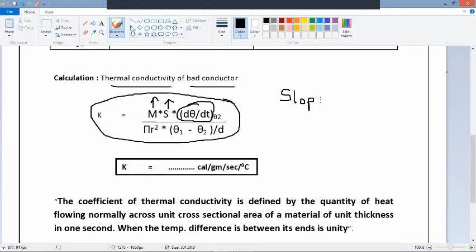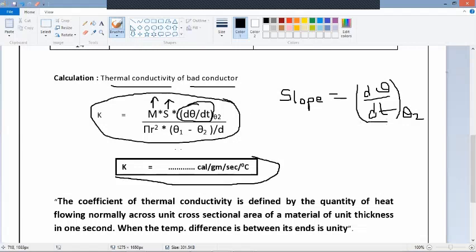We have to find it from the graph, which is d theta upon dt at constant theta 2, that is, change in temperature upon change in time. So we have to evaluate this thermal conductivity.